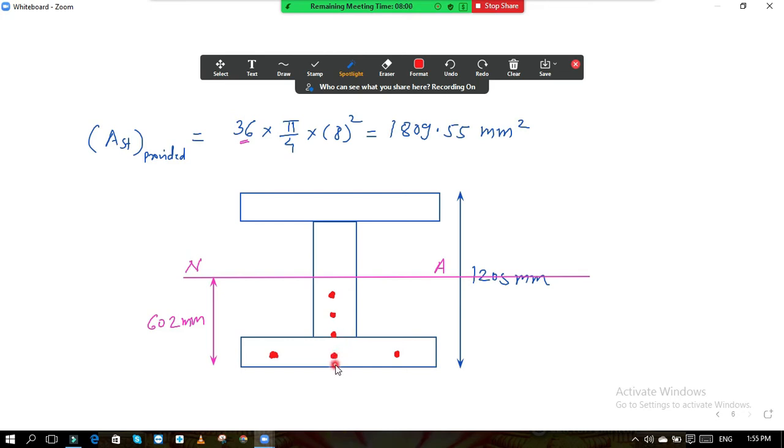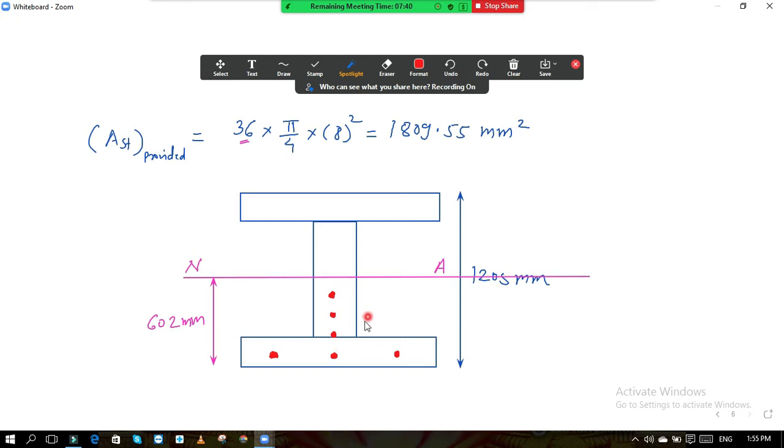Okay, and here 60 mm is the cover, then it would be 420. So it is 420.